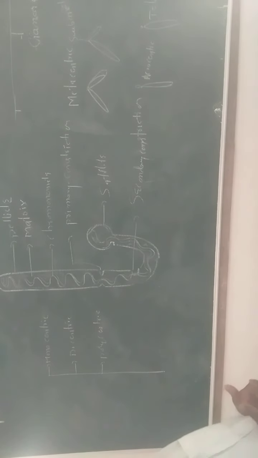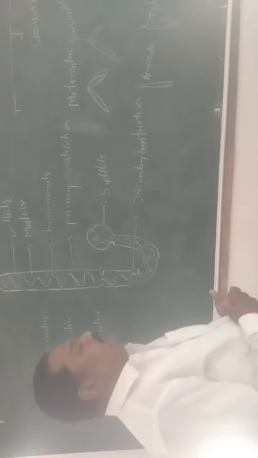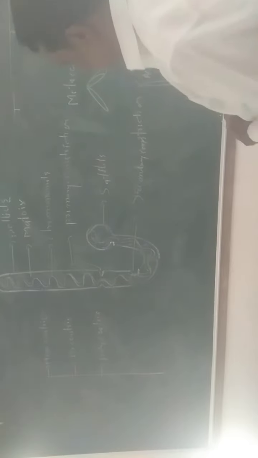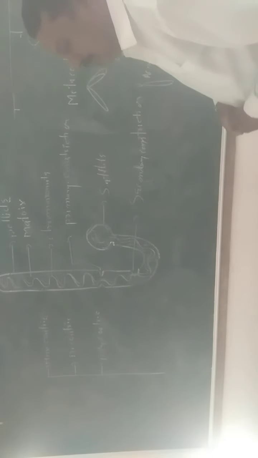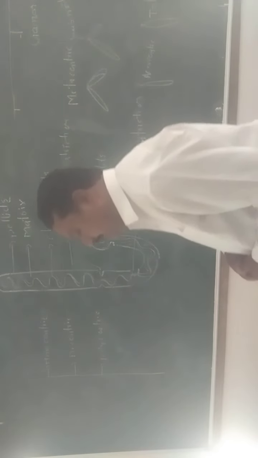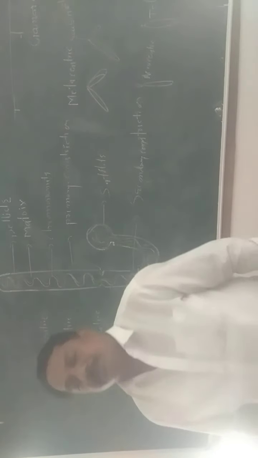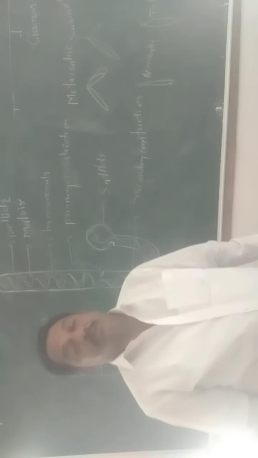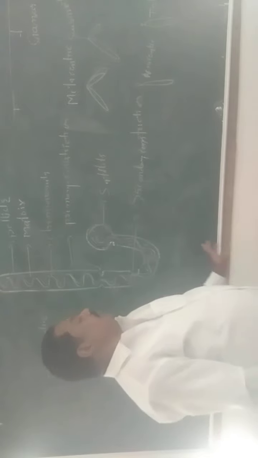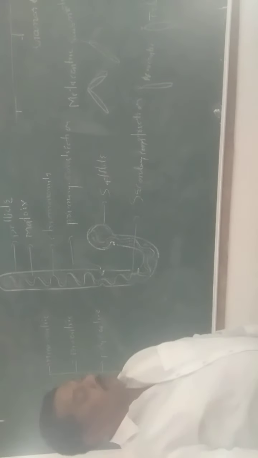Generally, a chromosome contains only a single primary constriction. It is useful for the attachment of spindle fibers. Second, the secondary constriction. Here and there, some additional constrictions are also present. It is called a secondary constriction. It is associated with the nucleolus. That's why it is called the nucleolar organizer.